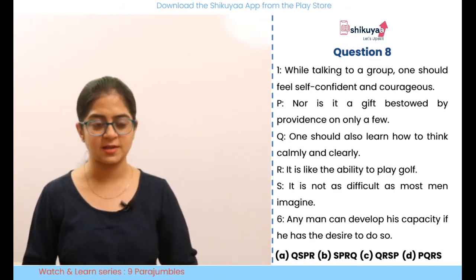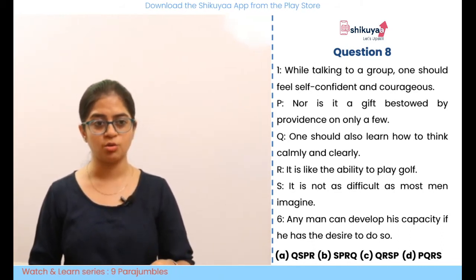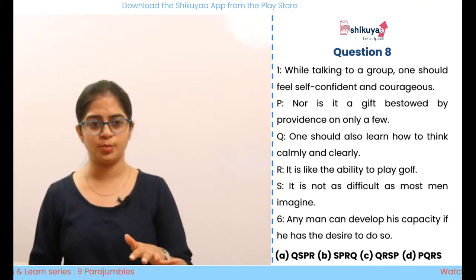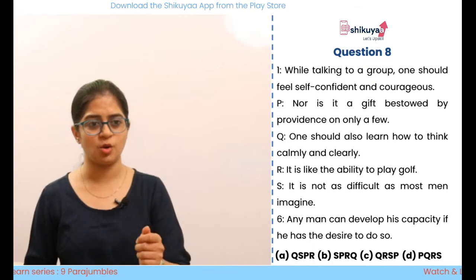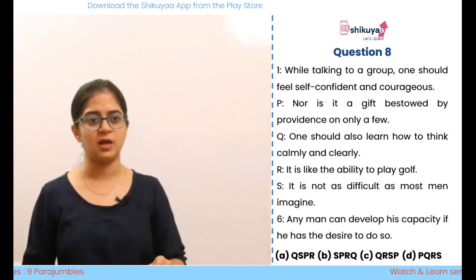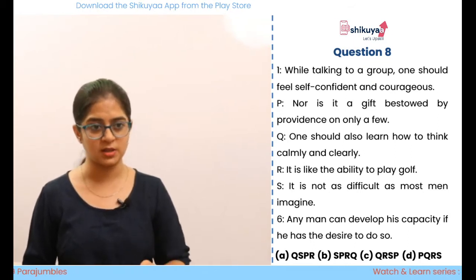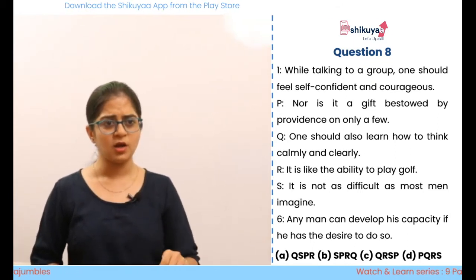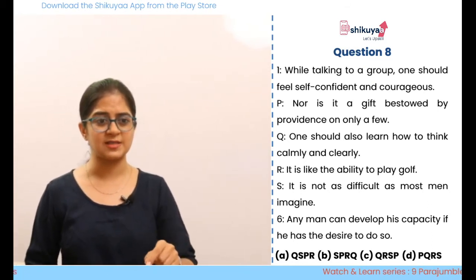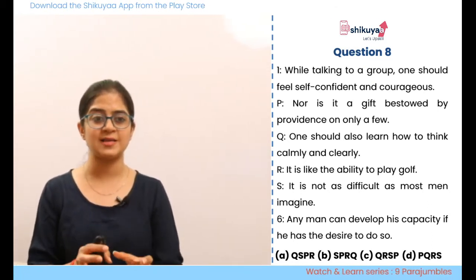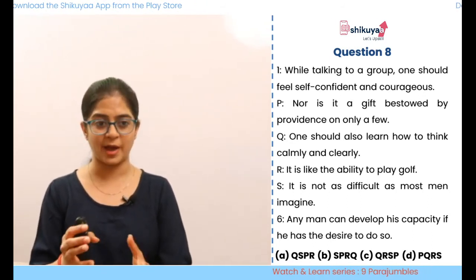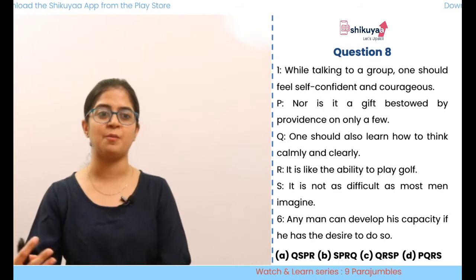Option A says that the opening sentence is Q. B says S. Again Q, P. Okay, Q, P and S can be the opening sentence. Let us see S: it is not as difficult as most men imagine, nor is it a gift bestowed by providence on only a few. If we are comparing, going as difficult as is a comparing sentence, so we have to pair this sentence with something where the comparison is done.